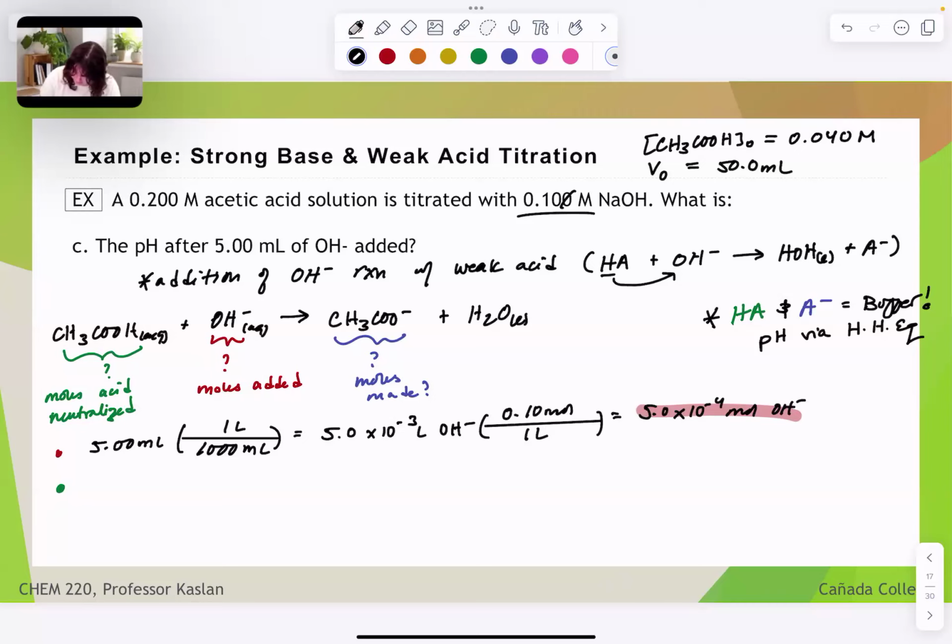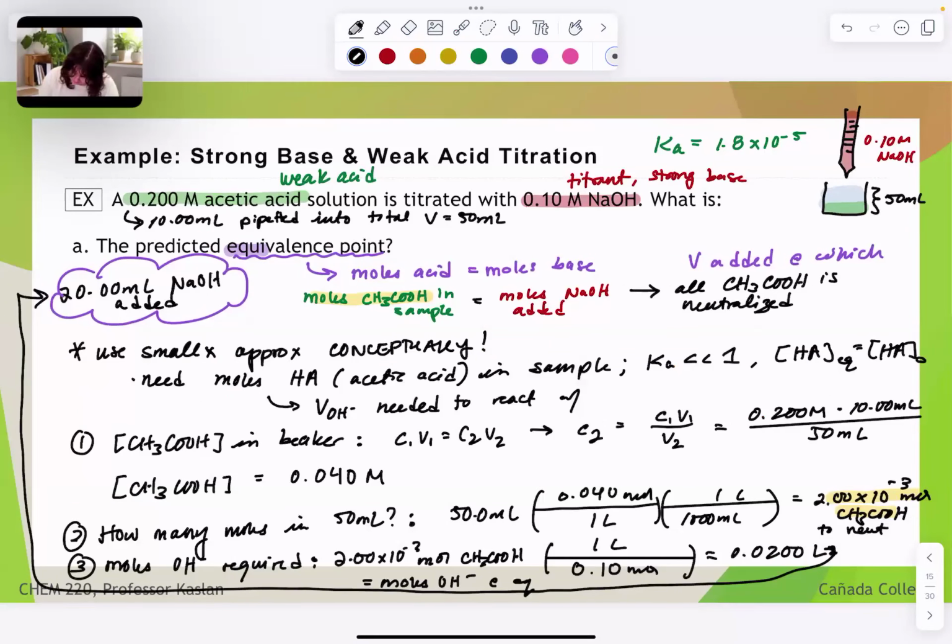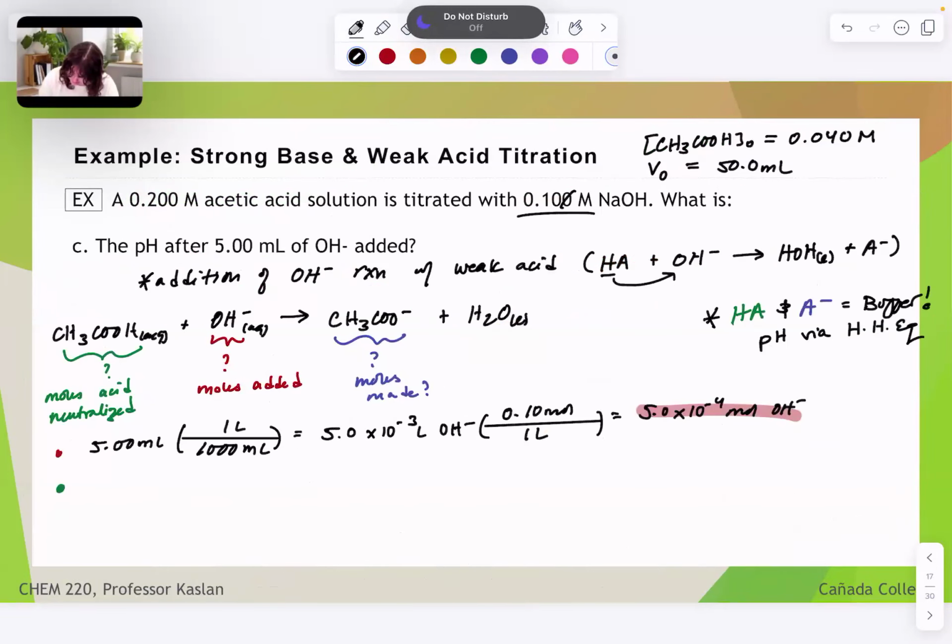So let's think here. Do we have moles of acetic acid in the beaker? I believe we do. Let's go back here. We know that we have this many moles to neutralize. And the question is, did we supply in this 5 milliliters enough moles to neutralize it?